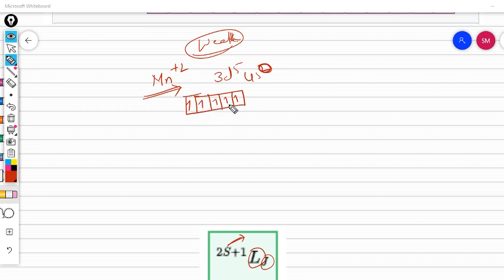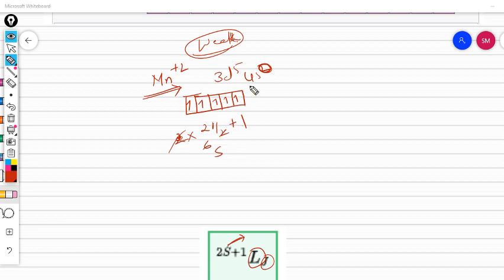It is the total of the spin quantum numbers only: plus half, plus half, plus half, plus half, plus half. So the total is 2 and a half, which is equal to S. And 2 into 2.5 is 5, plus 1. So the total will be 6.